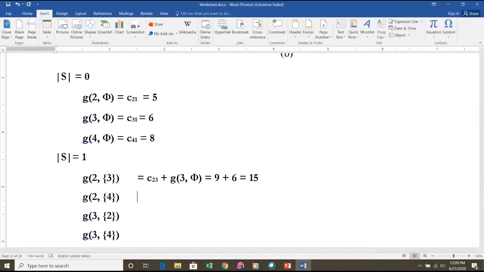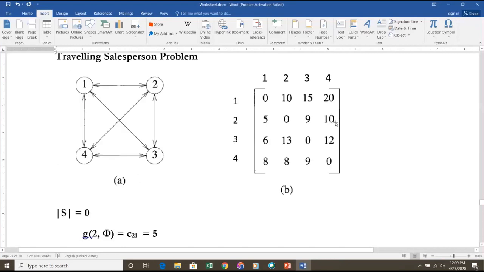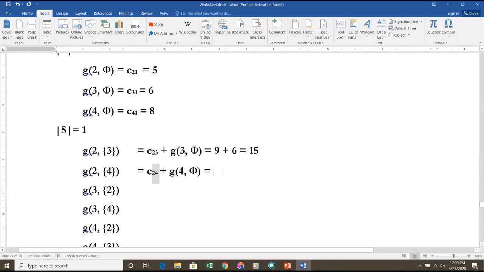Next, for this, it is c of 2 comma 4, just 2 to 4, only one vertex is there, plus g of 4 to 5. C of 2 comma 4 is 10, plus what is 4 comma 5? 4 comma 5 I have here, it is 8, equal to 18.